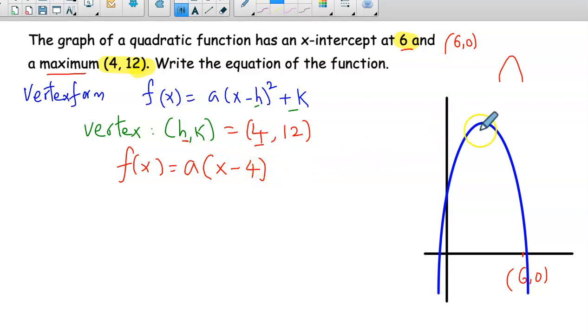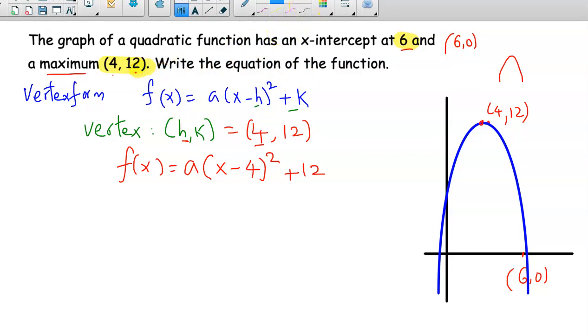The x-coordinate of the vertex is the axis of symmetry, right? Plus k, and the value of k corresponds to the second coordinate, the y value, that is 12. This (4, 12), you copy it here. So a part of our problem is solved. We made use of the vertex form and substituted the values of the vertex.